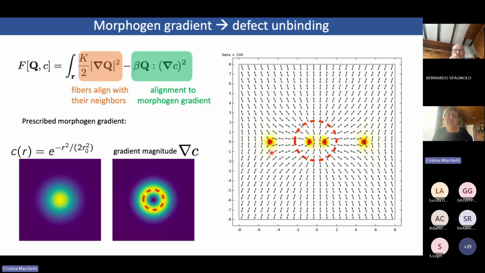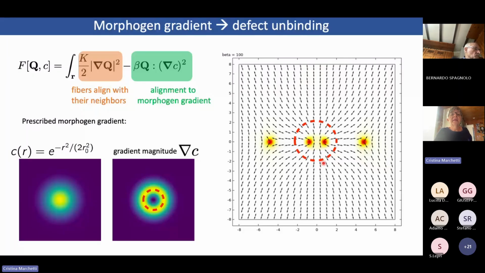In the plane, the net topological charge has to be 0, and that's why I need to have both a plus and a minus. This leads to the unbinding of the plus and minus pair, but also you get this configuration where the two +1/2 defects end up being quite close to each other. That is, the morphogen gradient overcomes a little bit of the Coulomb repulsion between the +1/2 defects.